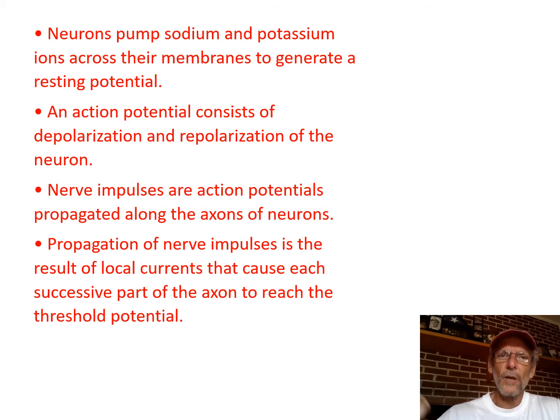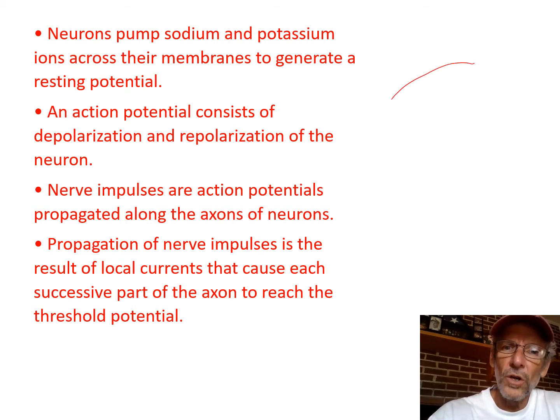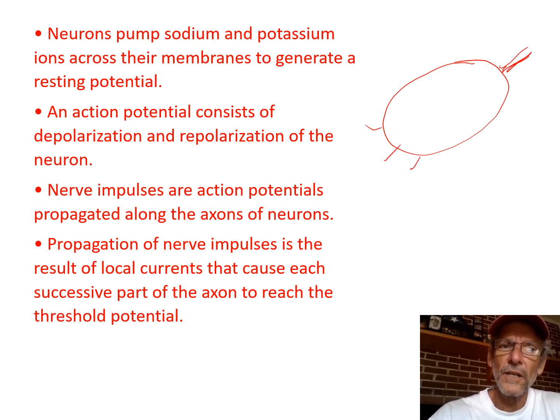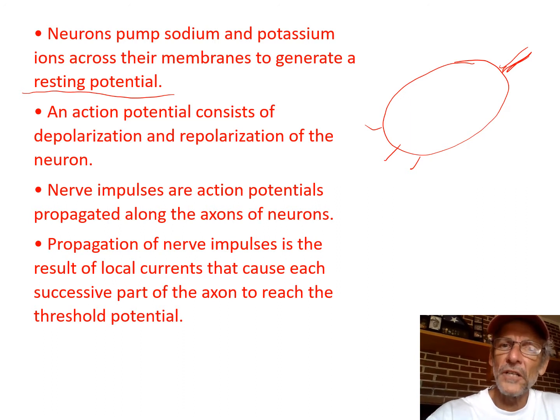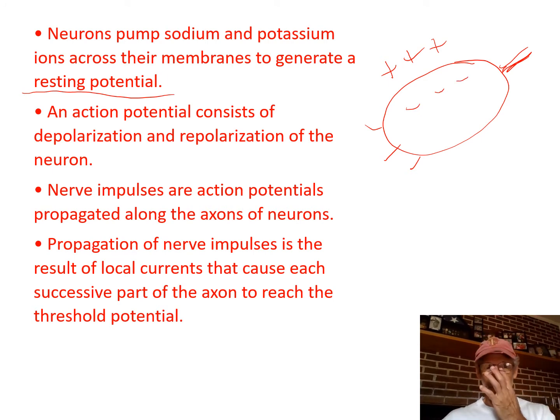Okay, so this potential to do work, when this thing is at rest, this is again a neuron, a very simple one, dendrites, axon, right? This potential to do work is called its resting potential when it's not doing work, right? So here we have that term resting potential, and that's what I just described. What's the resting potential? It is that the inside is more negative compared to the outside, okay?